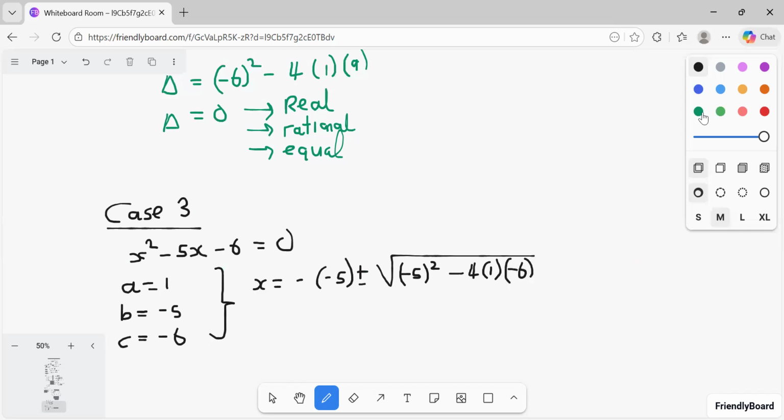So always remember that this is our delta. The value we get when we simplify this is going to be our delta. Never forget that. So over 2 times 1.